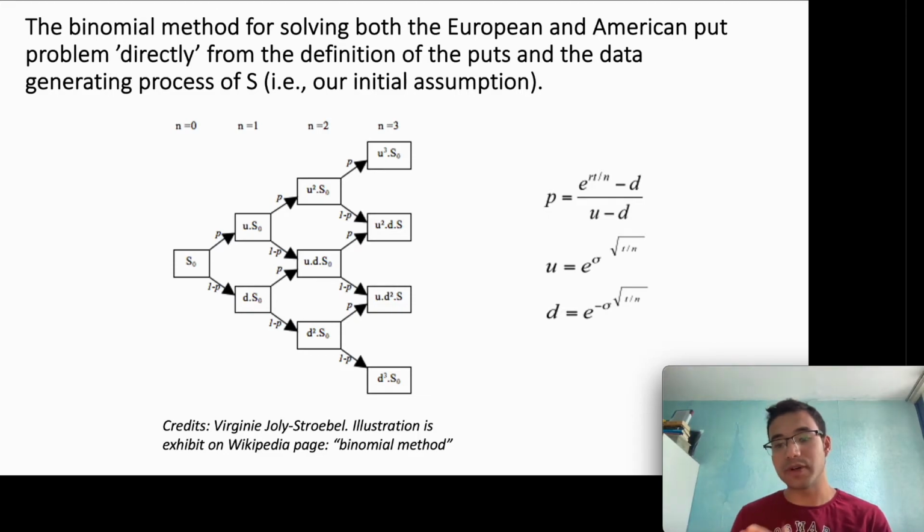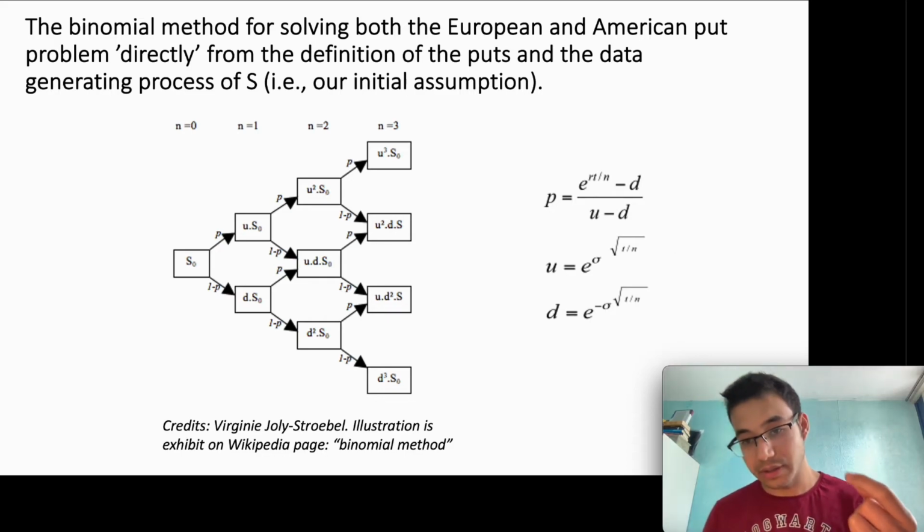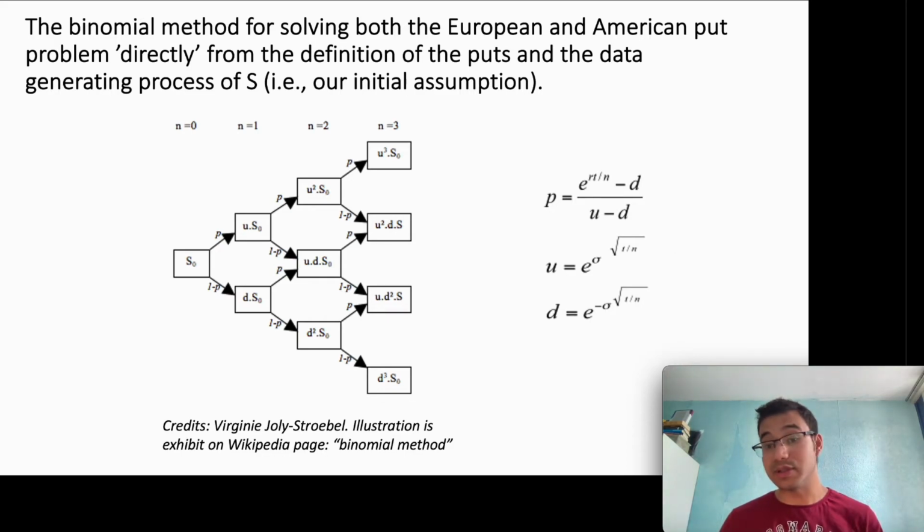By knowing what the option values are at the time of expiration, we can determine the option values at earlier time steps in this tree, and also eventually the option value at time t equal to 0. Now, as the tree gets more dense by including more time steps, we see that the solution value approaches the solution to the put valuation problems, and so we can almost regard the binomial method as a finite difference method.